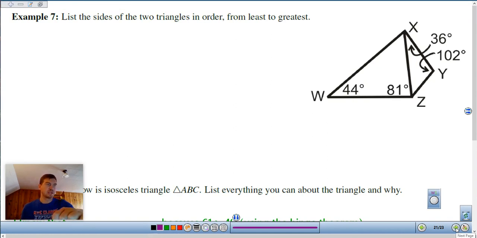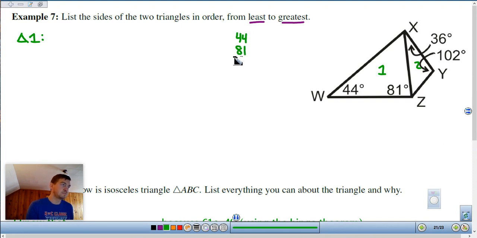Okay, so we're back to doing another diagram where we have a couple triangles. We're going to list the sides in order from least to greatest. And I again suggest, let's try this one triangle at a time. So triangle 1, let's get the angles in there. It looks like we have 44, we have 81, that's a total of 125. And then if we subtract, we get 55 as the third one here.